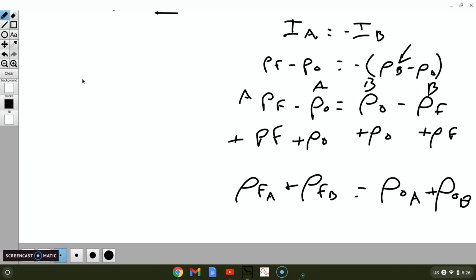All right. On your equation sheet, it ends up looking like this: the total initial momentum of the system equals the final momentum. And then what you're supposed to do is work it out so that initial of A plus initial of B equals final of A plus final of B. Now, the reason we take this general form and not this one on the equation sheet, even though this is on the equation sheet right here, is because there are different situations in which a closed situation can occur.